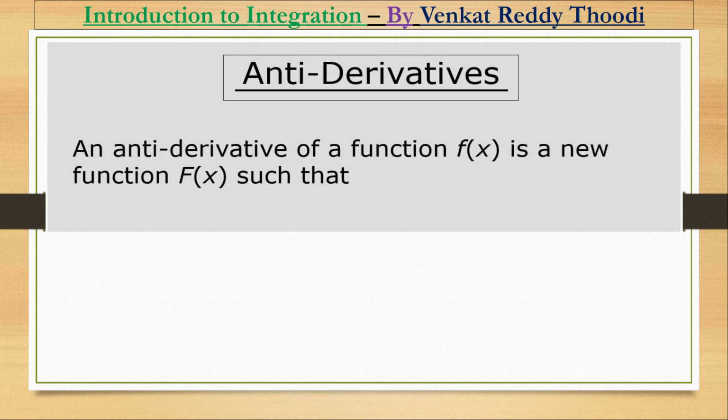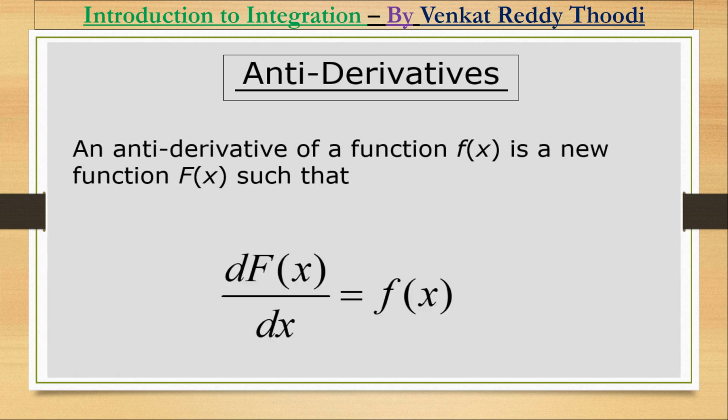An antiderivative of a function small f of x is a new function capital F of x such that the derivative of capital F of x with respect to x equals small f of x. As we said, students, the left derivative will give the right, so automatically the right integration will give the left.